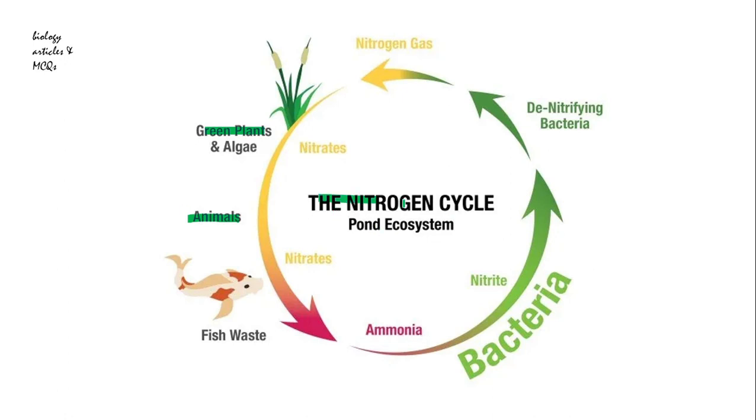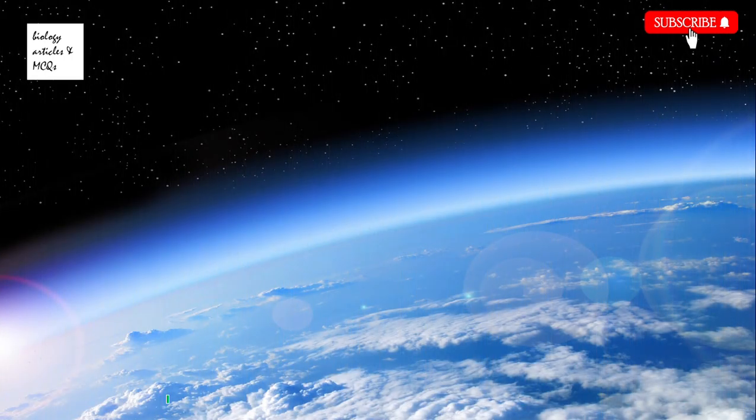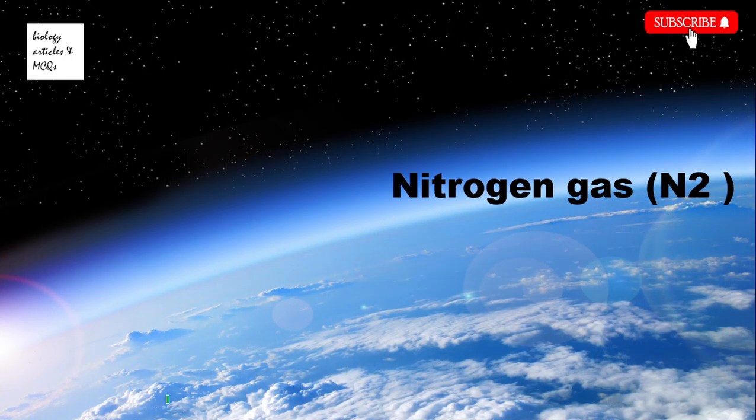the nitrogen cycle. But guys, nitrogen is not present only in the form of nitrogen gas. It is present in different forms. So first of all, we will learn what the different forms of nitrogen are. In the atmosphere, it exists as a gas, that is nitrogen gas, N2.